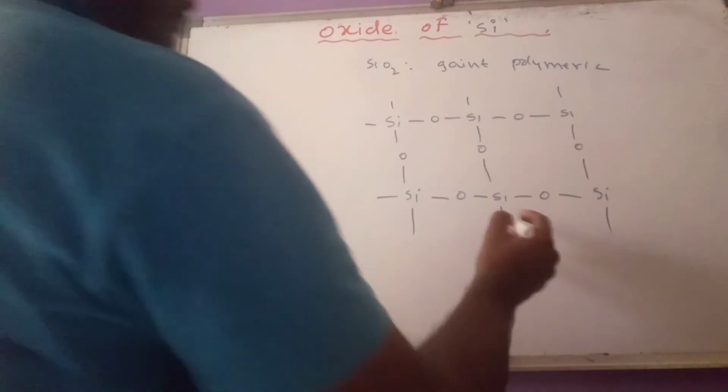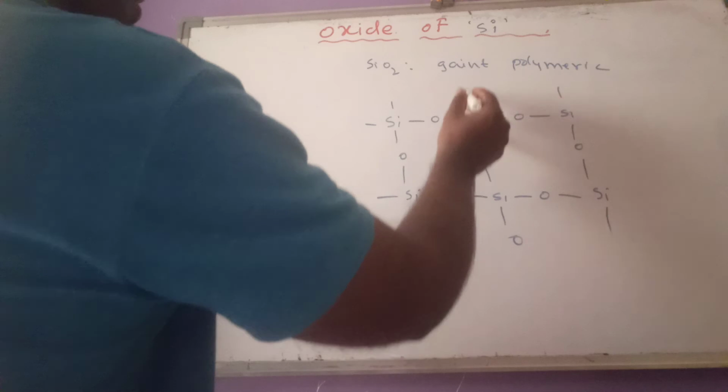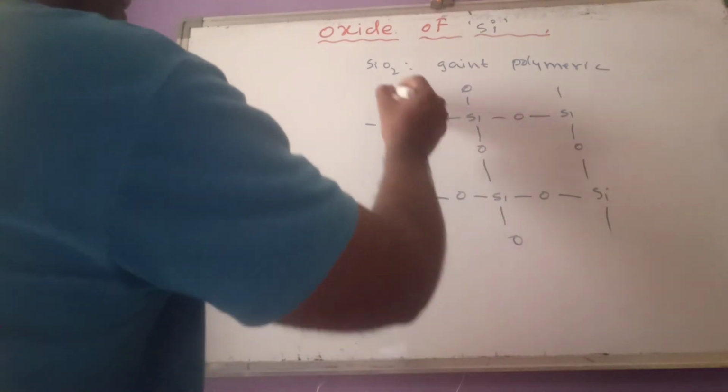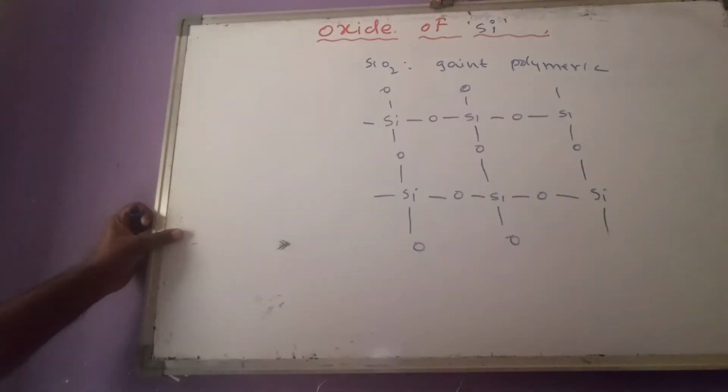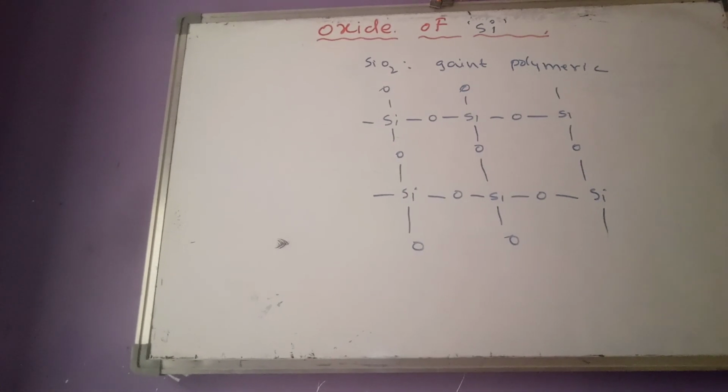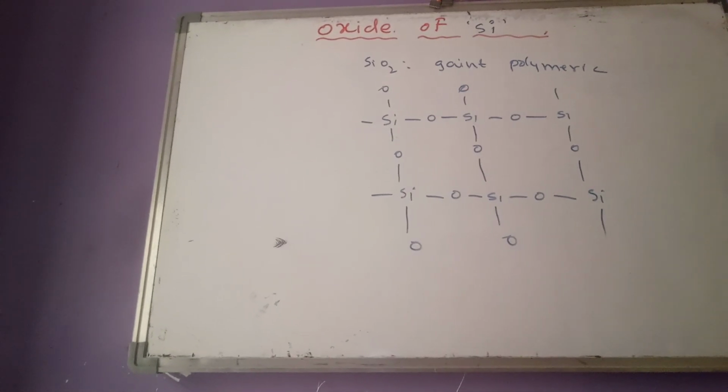Like this, each silicon is surrounded by 4 oxygen atoms, so it has a giant polymeric structure.